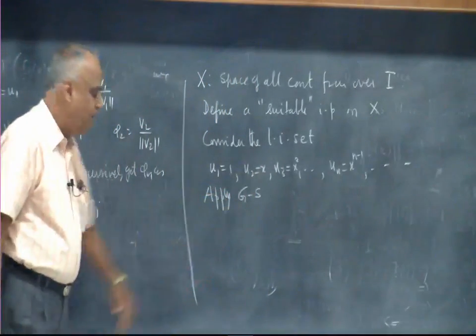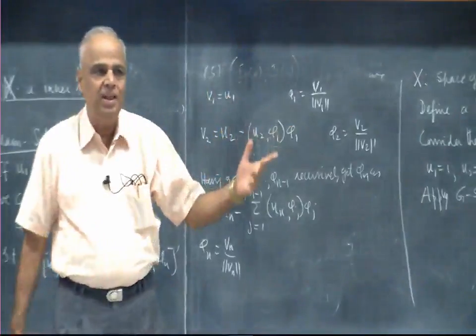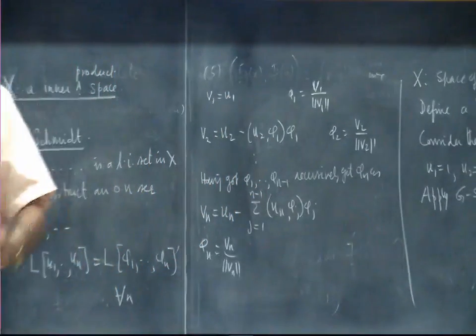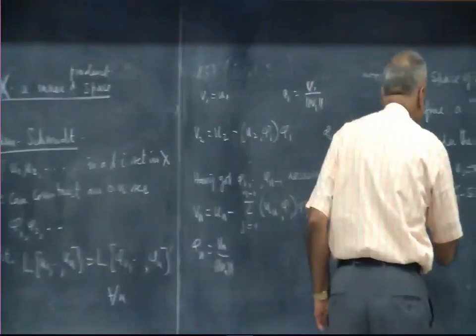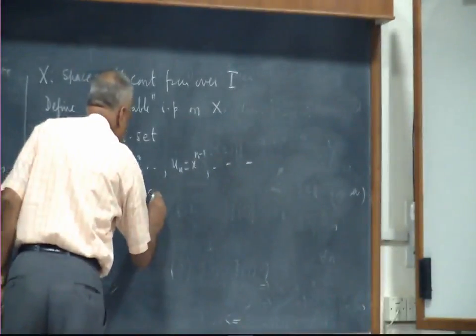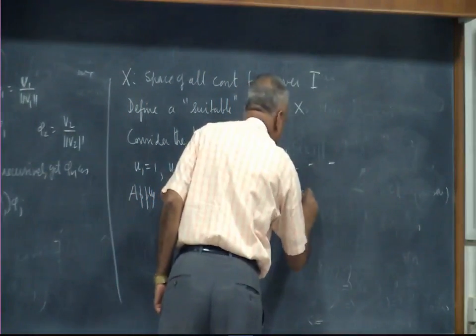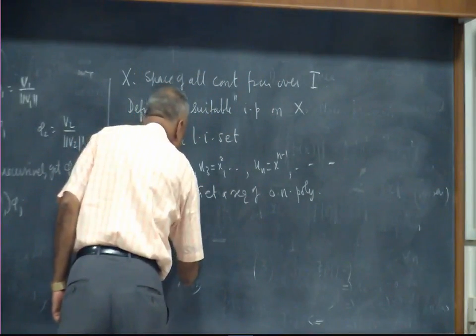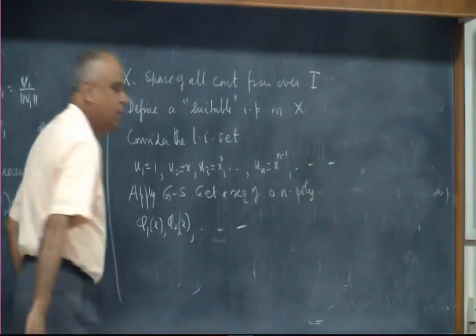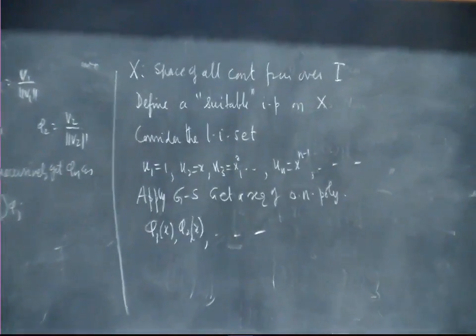You are going to get an orthonormal sequence. At the first stage you will get a constant, at the second stage x minus something, so a first degree polynomial, at the next stage a second degree polynomial, then a third degree polynomial. So, you get a sequence of orthonormal polynomials, phi 1 of x, phi 2 of x, etc. This gives us the whole subject of orthogonal polynomials.